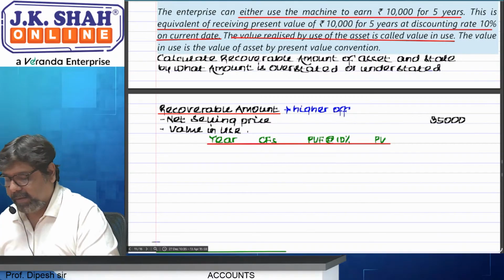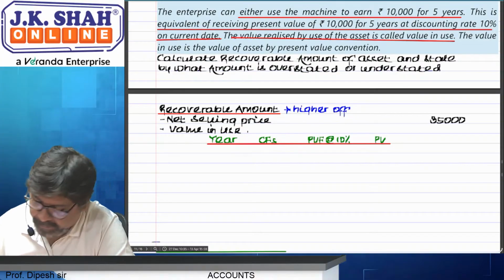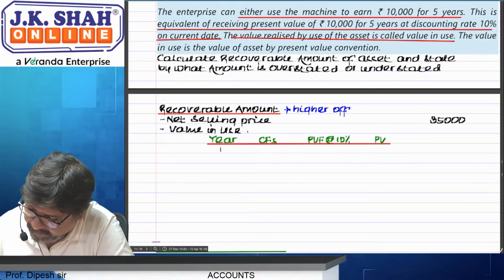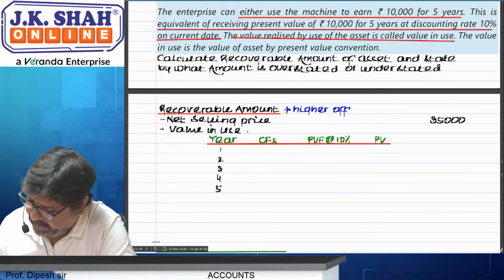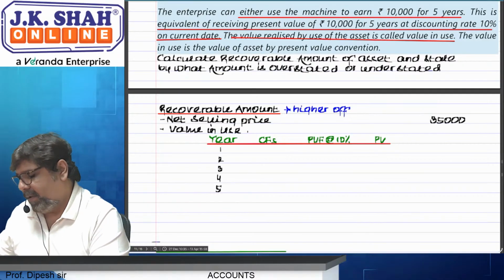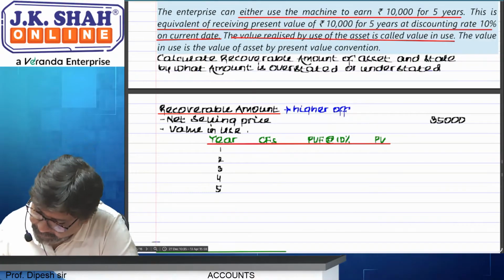Present value factors at the rate of 10%, present value. Year 1, 2, 3, 4, 5. Correct?